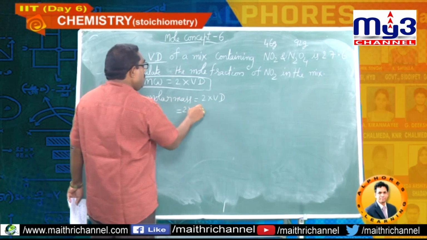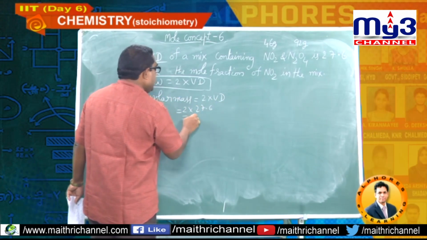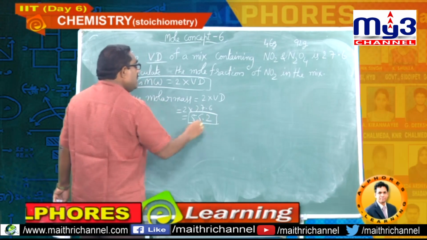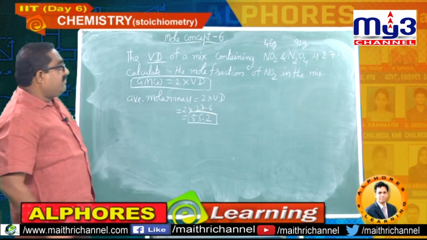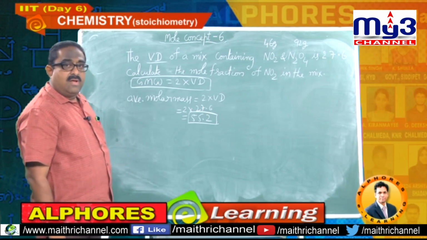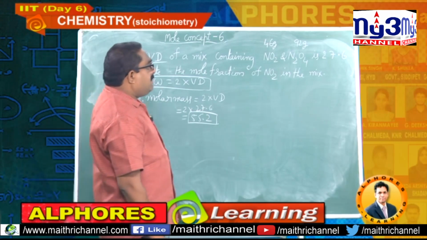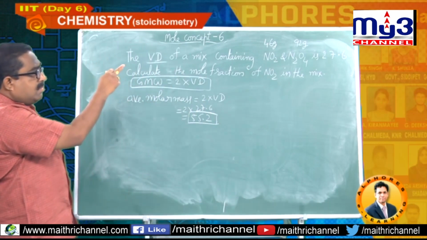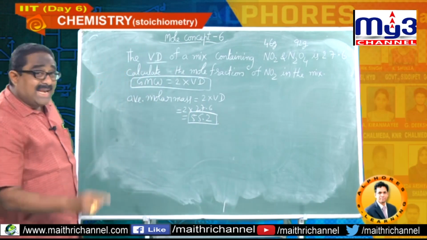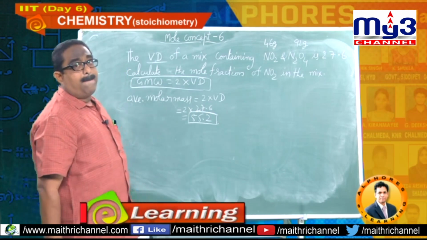So, 2 into 27.6, that is 55.2 as the mean molar mass of the given mixture. We know how to calculate the mean molar mass: average of both the molar masses in the mole ratio.